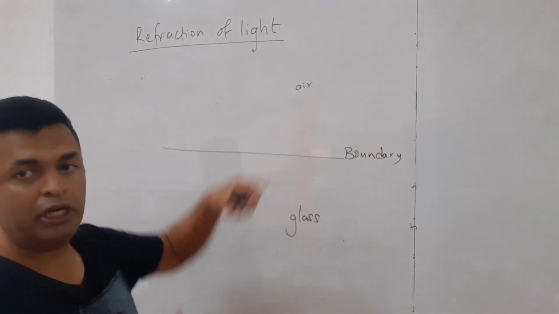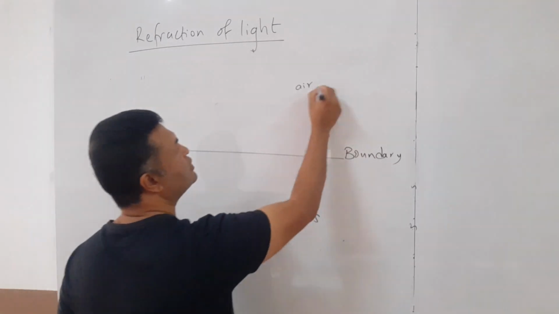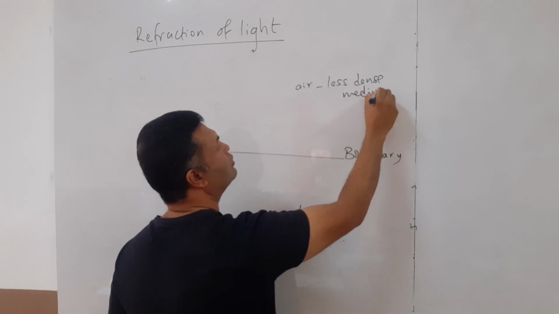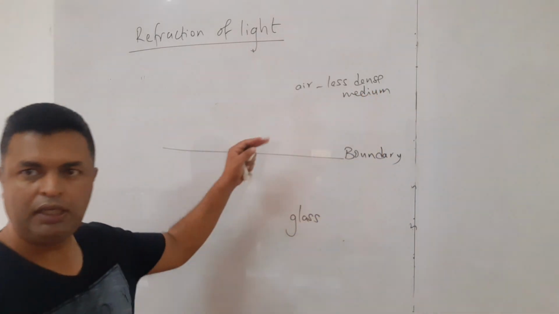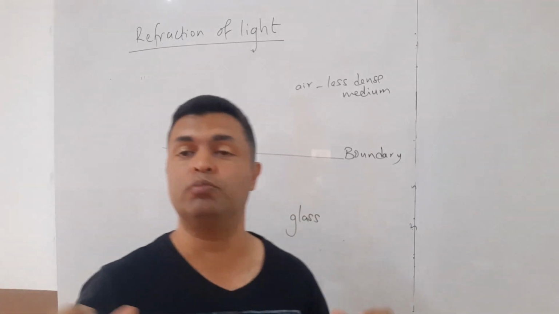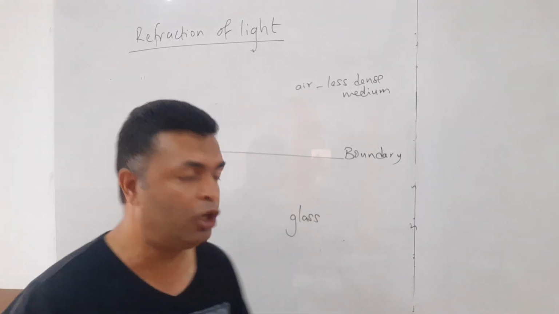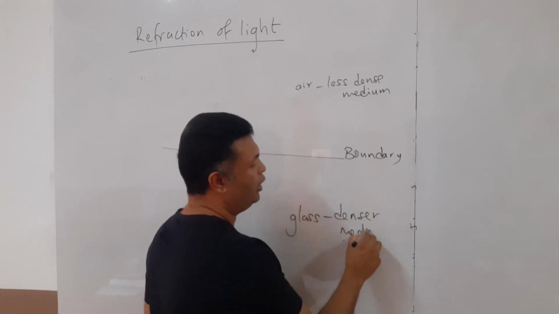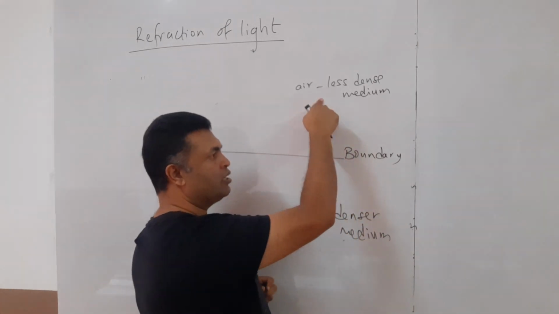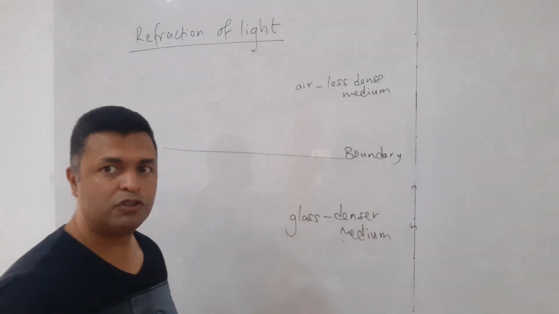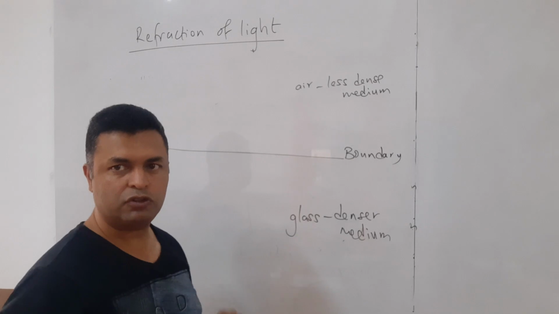Air has molecules far apart, so it is the less dense medium, and light travels faster in air. Glass is a solid, the molecules are closely packed together, so it is the denser medium. Here light travels slower because it is the denser medium.